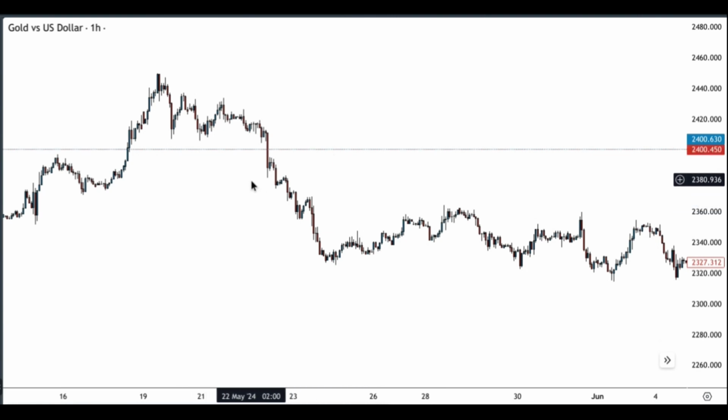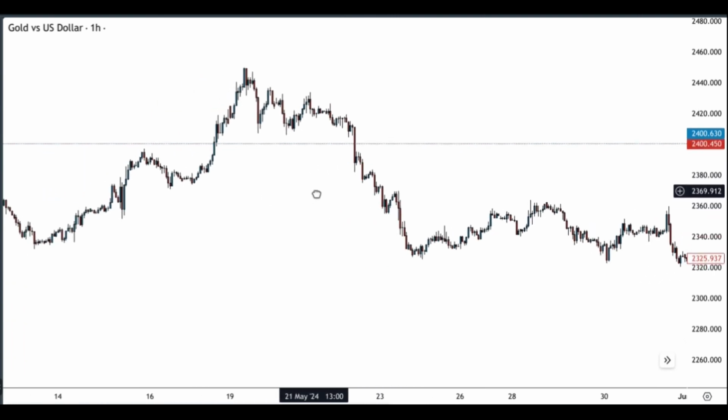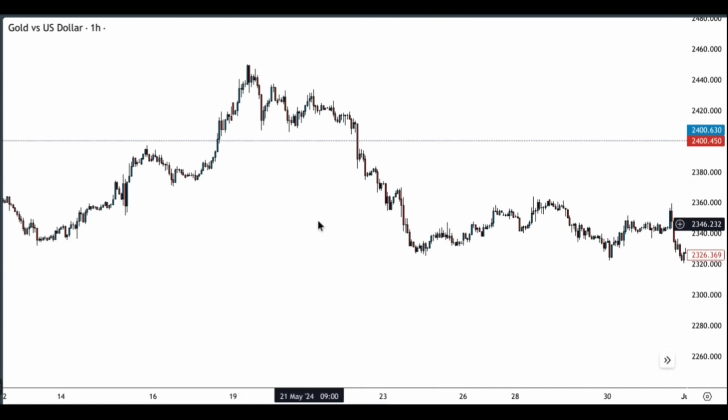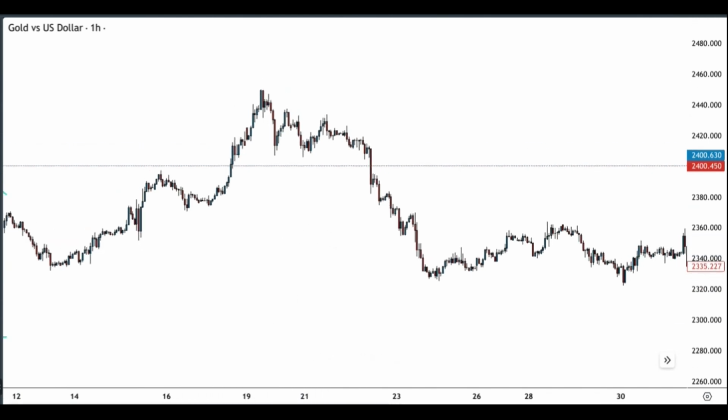So what can we see on the market structure shift? Can we try to identify that here? Let me see. We were here on an uptrend market. Here it fails to even go higher. And did it happen here?